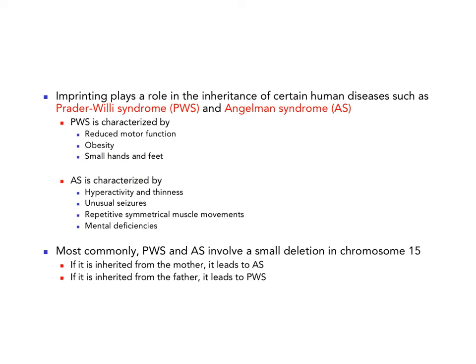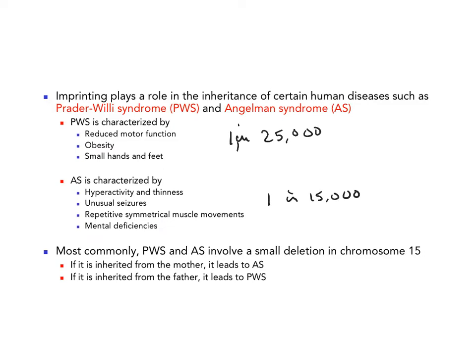Now, in terms of these 2 syndromes, Prader-Willi syndrome and Angelman syndrome, let's start with PWS first. PWS occurs in approximately 1 in 25,000 births, whereas Angelman syndrome, or AS, occurs in 1 in 15,000. So these are not very common, but they're not real rare.